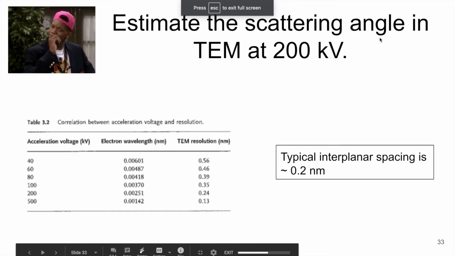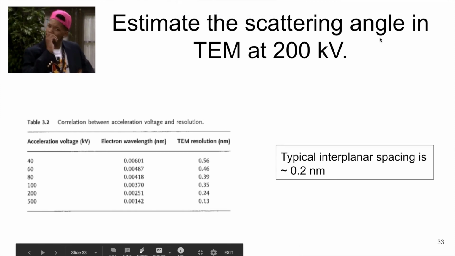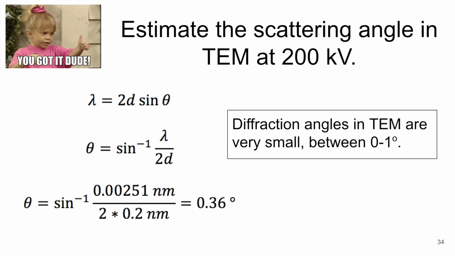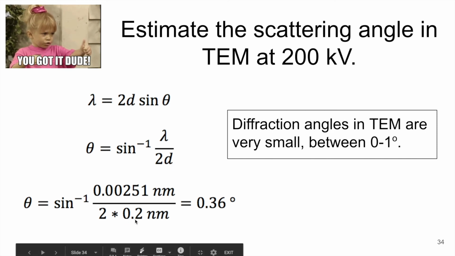All right, so now that you've had a chance to calculate the scattering angle for TEM, let's take a look at our work. We've got Bragg's law. Bragg's law doesn't change, so we use that as well, and rearrange it to solve for the angle. So it's sine inverse of lambda over 2d. Again, d is the interplanar spacing, which we're approximating to be 0.2 nanometers.